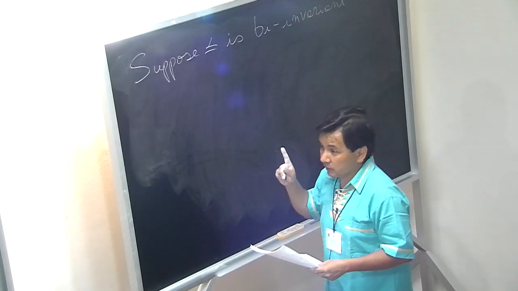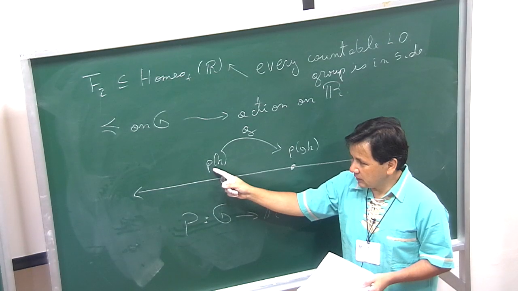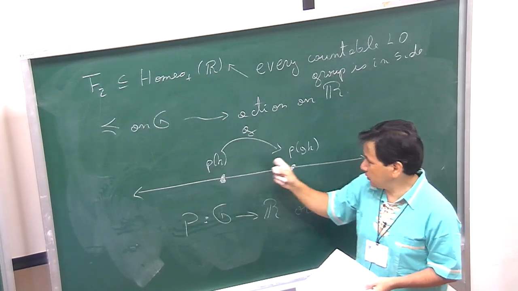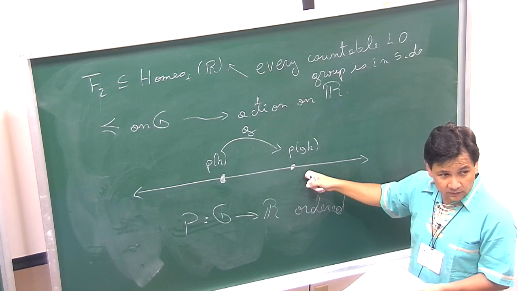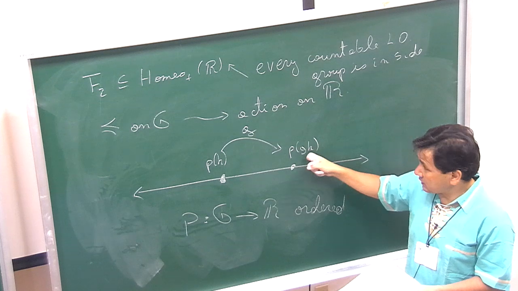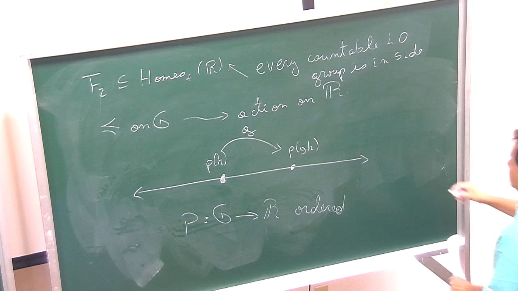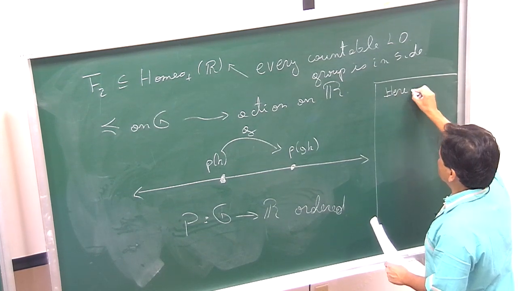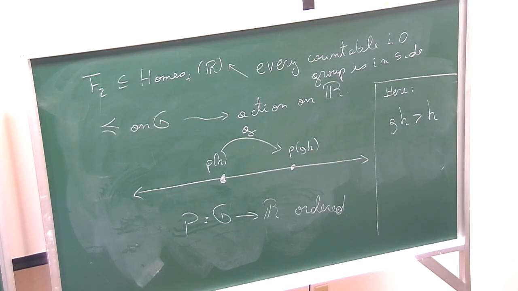And the point is the following. So let me come back to this. Look, g is moving P of h into P of gh, and I suppose that this movement was to the right. This means that gh is larger than h. So in this picture, gh is larger than h.